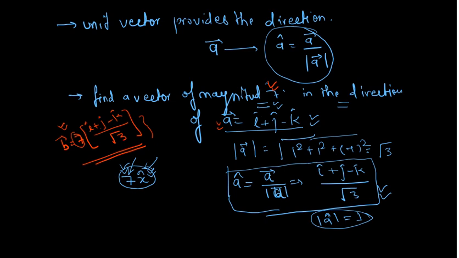Okay, so the next topic is projection. This is a very important topic, and we will talk about the projection of a vector on another vector. So we will have two vectors here.